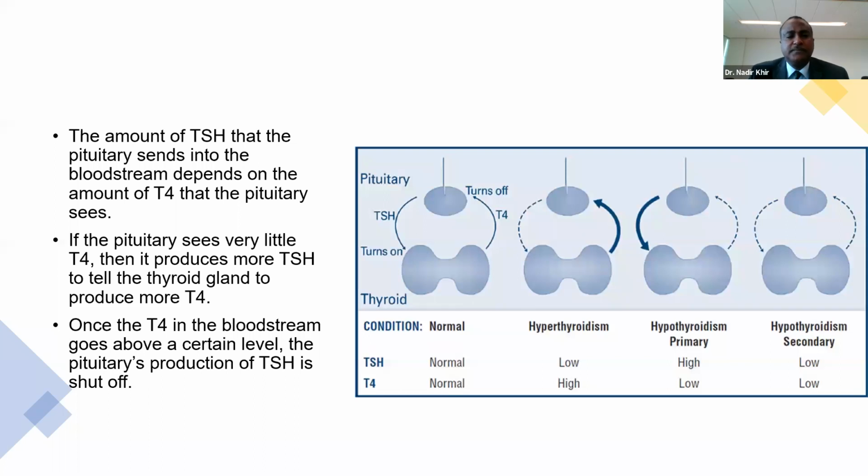So how does this work? The amount of TSH that the pituitary sends is the most important thing. So the pituitary has to be there for the thyroid to function. If we don't have pituitary, the thyroid will have a very hard time to work. So it's always needed, the TSH.